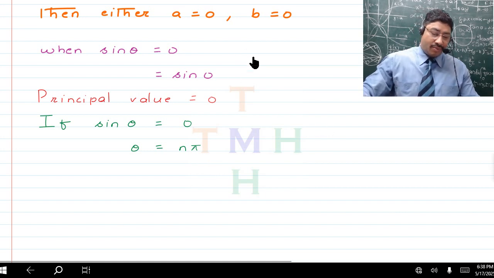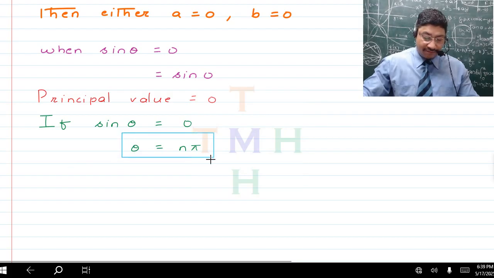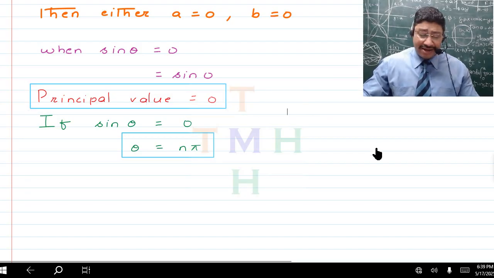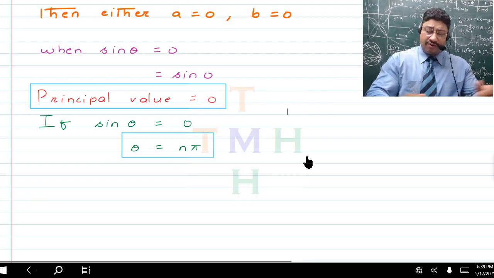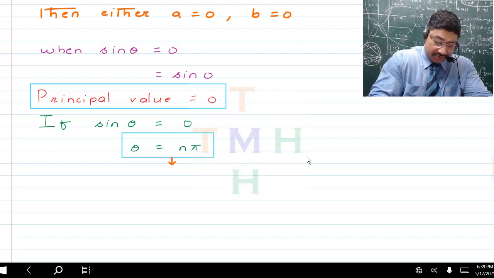Now I require you to mark this as one of the possible answers. Obviously, the principal value is also one of the answers, as remember we had to find out the principal value as well as the general solution. So this gives you the general solution, and the above is the principal solution.